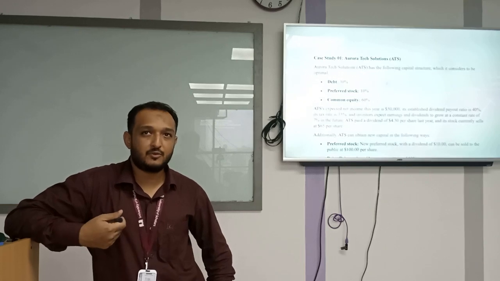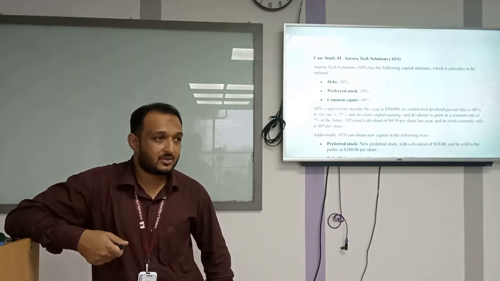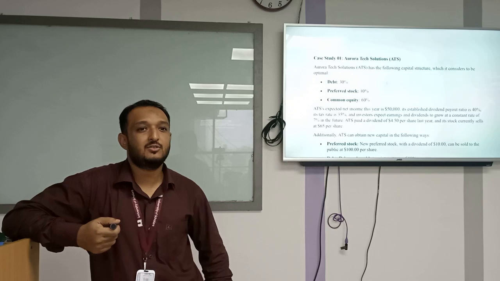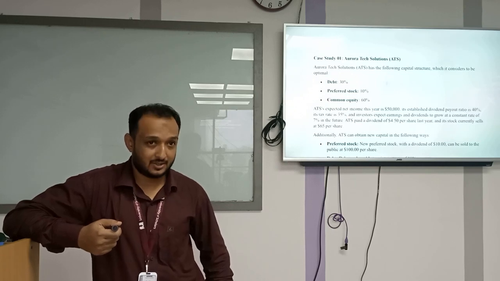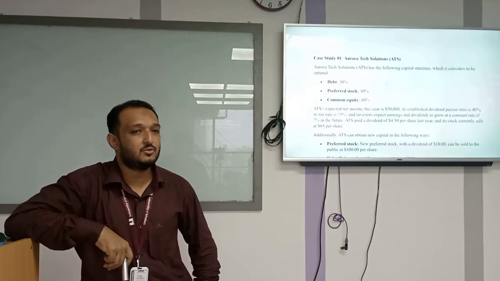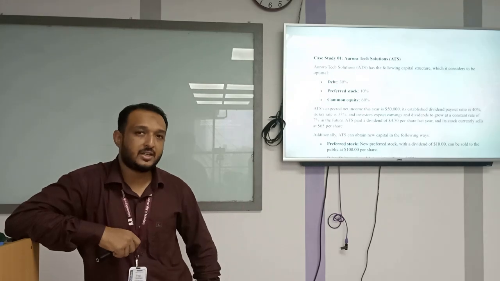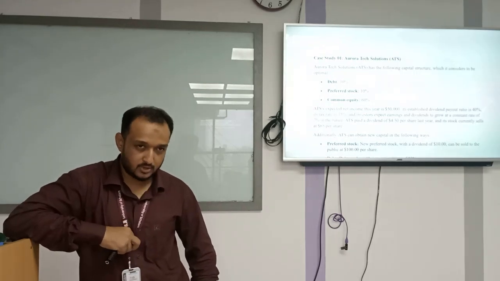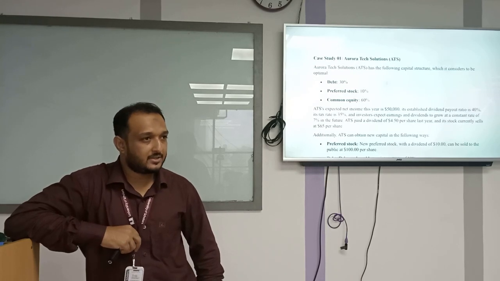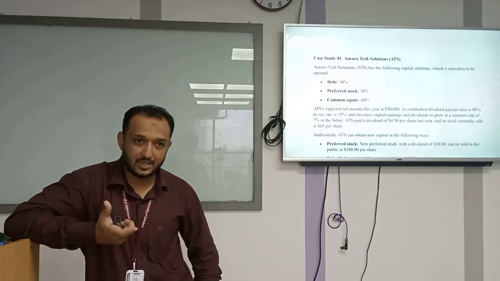For example, if you go to a bank and apply for a loan, they will ask you to provide an interest rate, right? Interest rate is the cost of debt or loan. There are multiple ways to determine those costs of capital. If I need to calculate the cost of capital for debt, in case of a loan, it is very easy because the expected interest rate is the cost of debt.